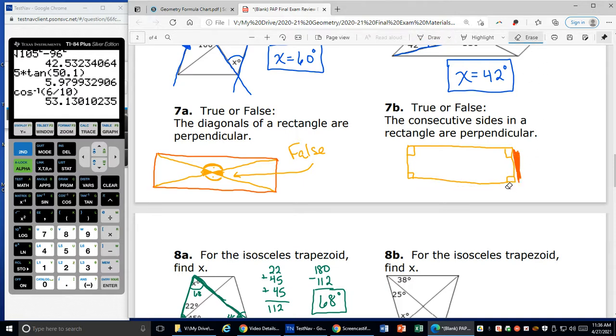What about the left side and the top? Are those perpendicular? Well, yeah, those are perpendicular also. They're consecutive, they're next to each other, and they're perpendicular. So this is a true statement. It doesn't matter which two consecutive sides I choose, their intersection is always going to be 90 degrees. So consecutive sides will always be perpendicular.